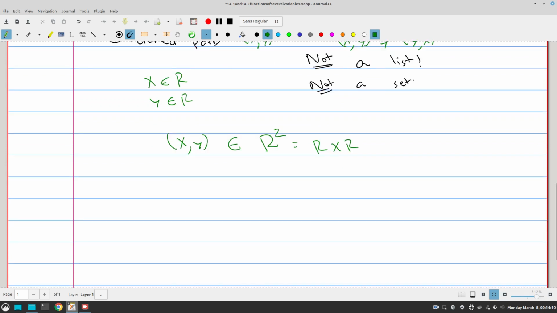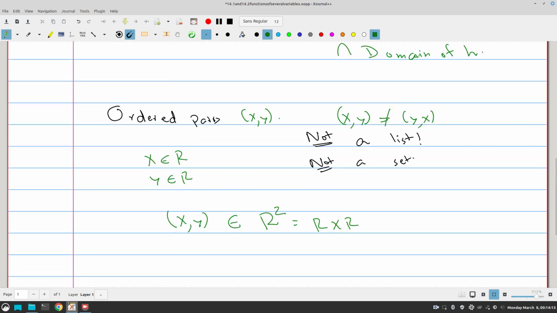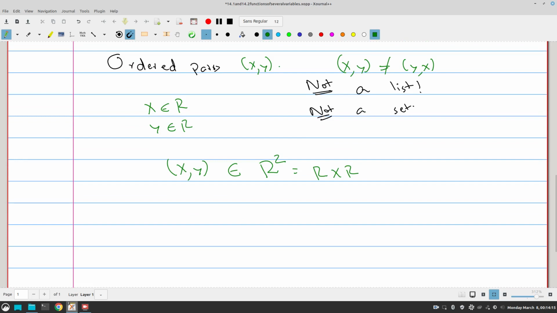Just keep in mind that an ordered pair is a pair of things where the order matters.